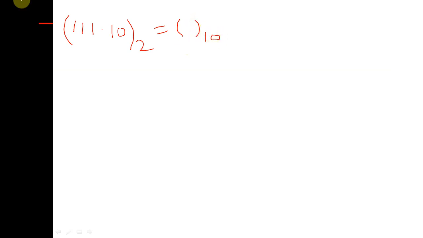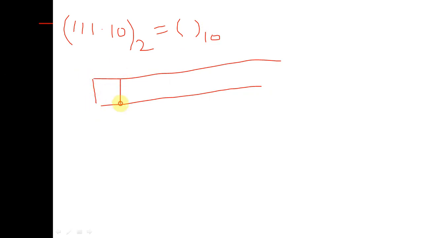How is it converted into a decimal number?